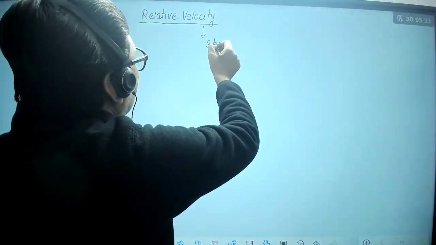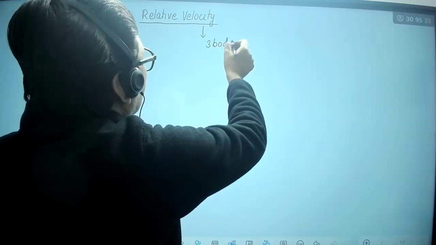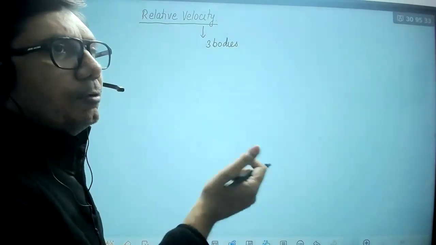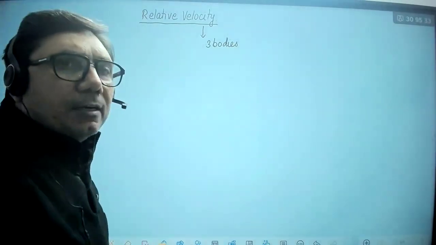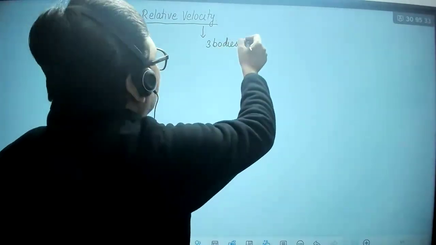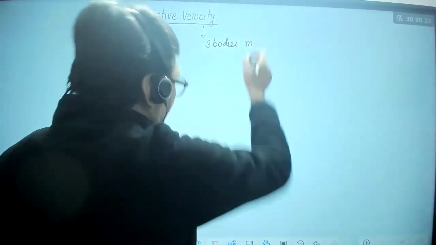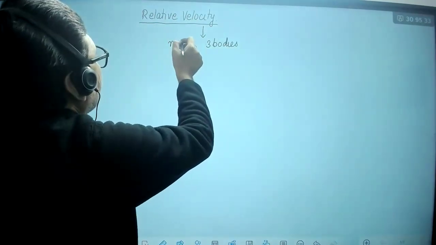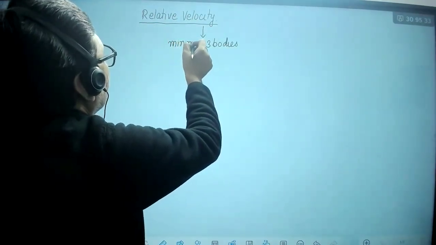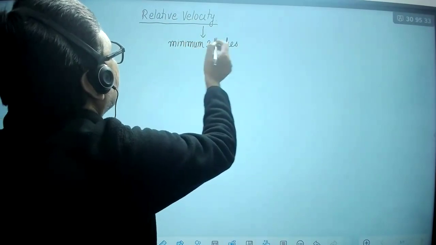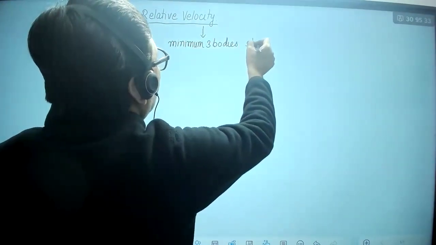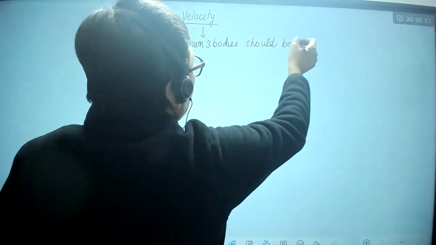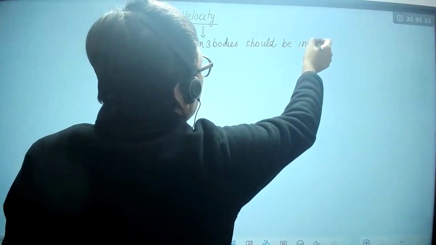First you have to understand which three bodies, or four or five bodies, are involved for which you want to find out the relative motions. Minimum three bodies should be involved.